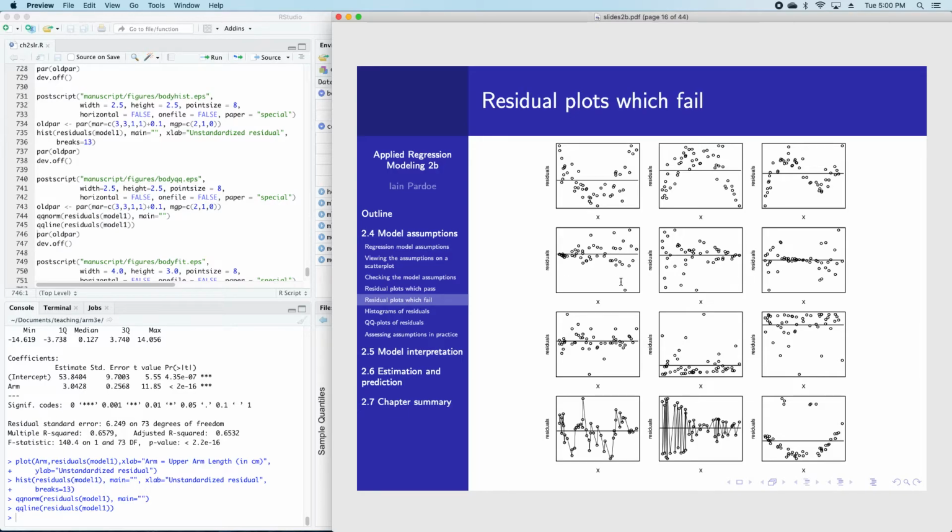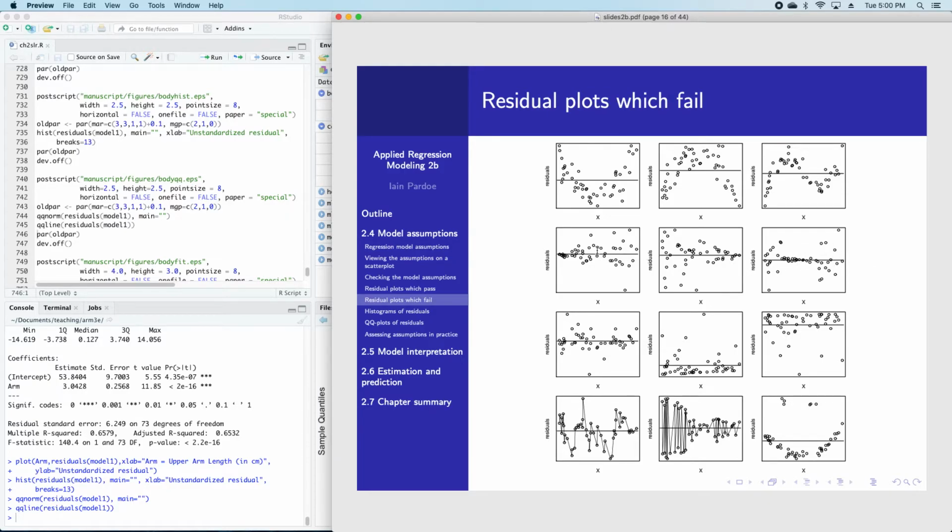This next row, these violate the constant variance assumption. The variability on the left in this graph is very small, and it gets bigger on the right. This one's the opposite. The variation starts quite big on the left and gets much smaller on the right. This one, the variability is large on the ends and small in the middle.